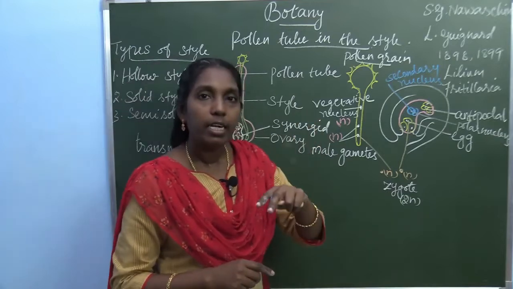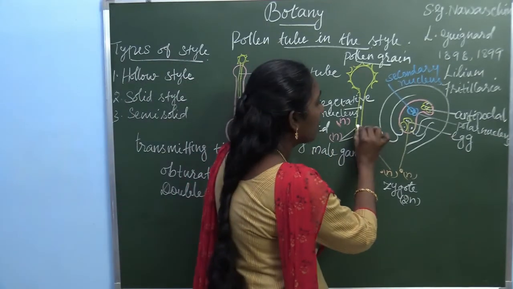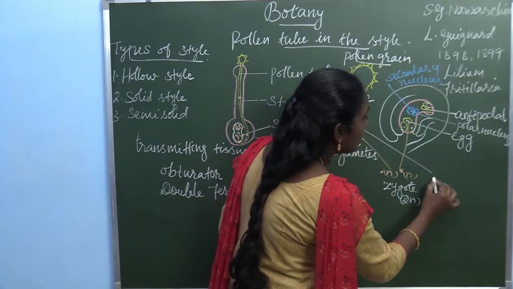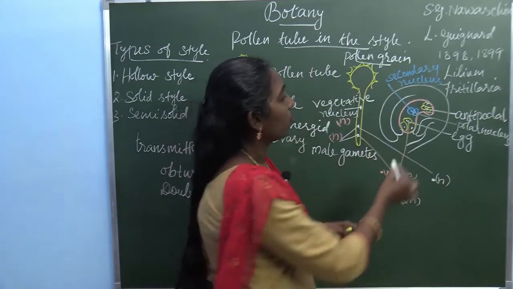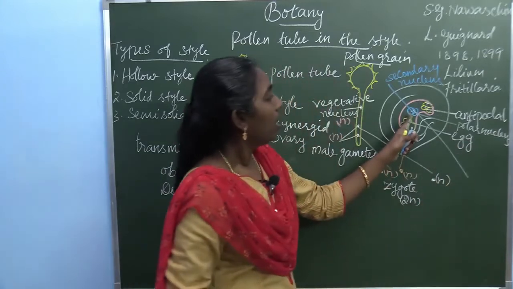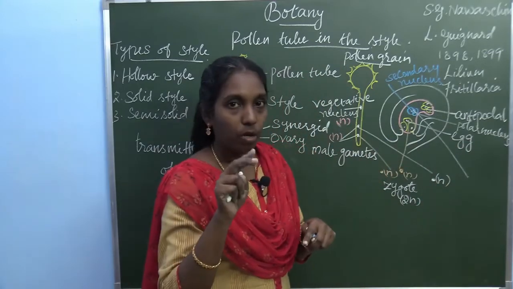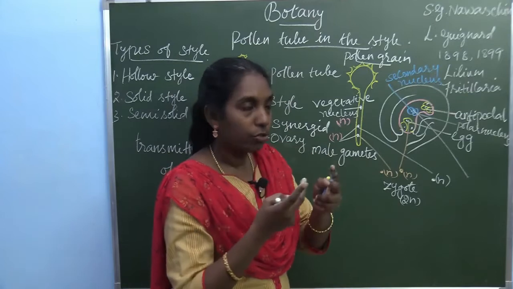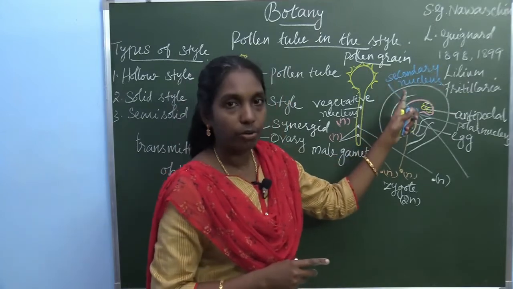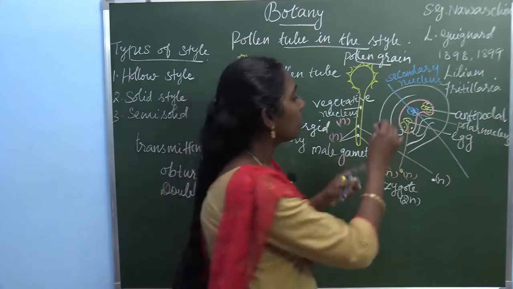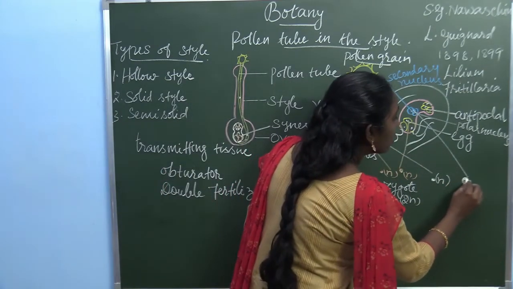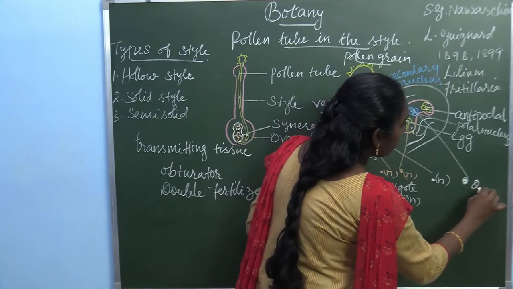And another male gamete, this N, fuses with the secondary nucleus. At first it was polar nuclei, 2 polar nuclei fuse together and form the secondary nucleus. So, this male gamete fuses with the secondary nucleus. This secondary nucleus is already 2N in nature.